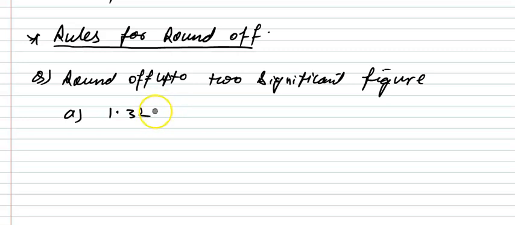For the rounding off rule, let us take a number which must be greater than or less than 5. So let us change the number over here.